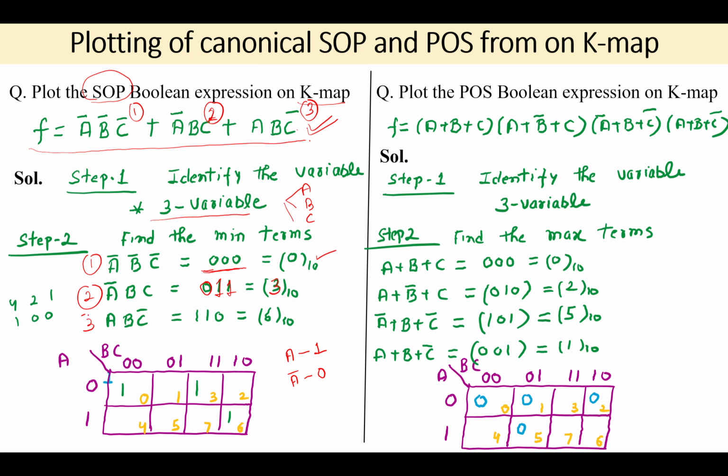And the third term is ABC bar, that is 110, and this value is 6.